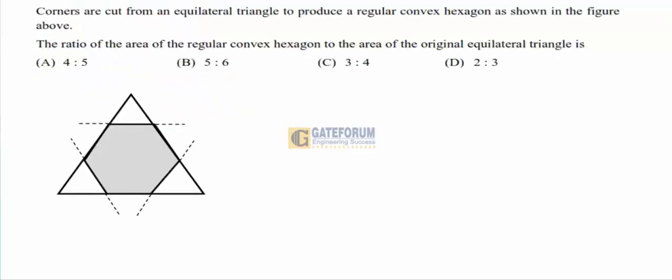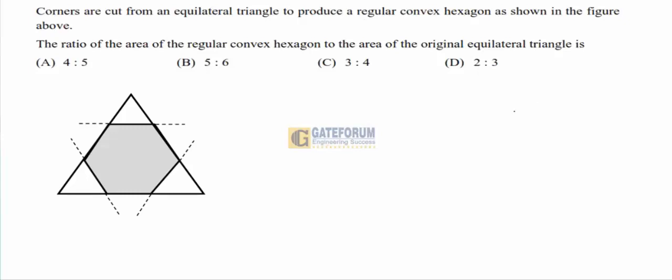Corners are cut from an equilateral triangle to produce a convex hexagon as shown in the figure above. They have asked us to find the ratio of the area of the regular convex hexagon to the area of the original equilateral triangle.